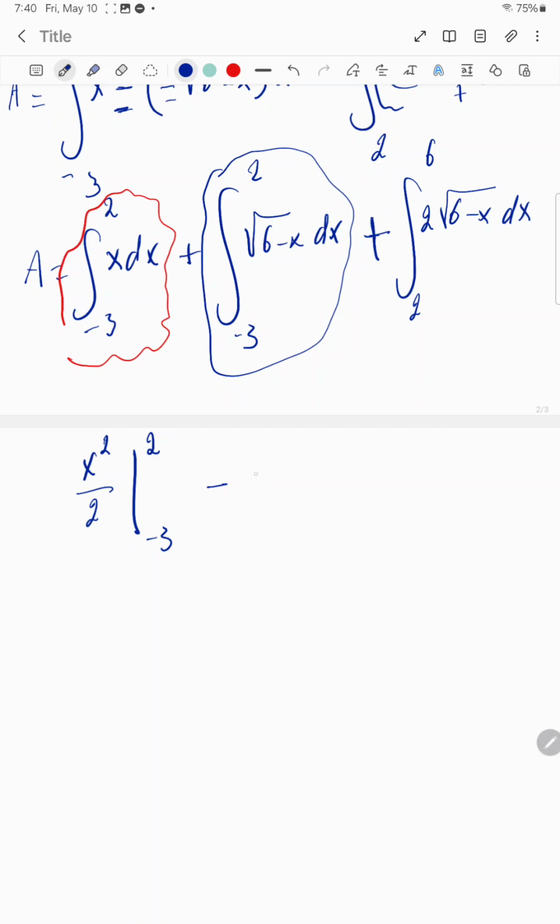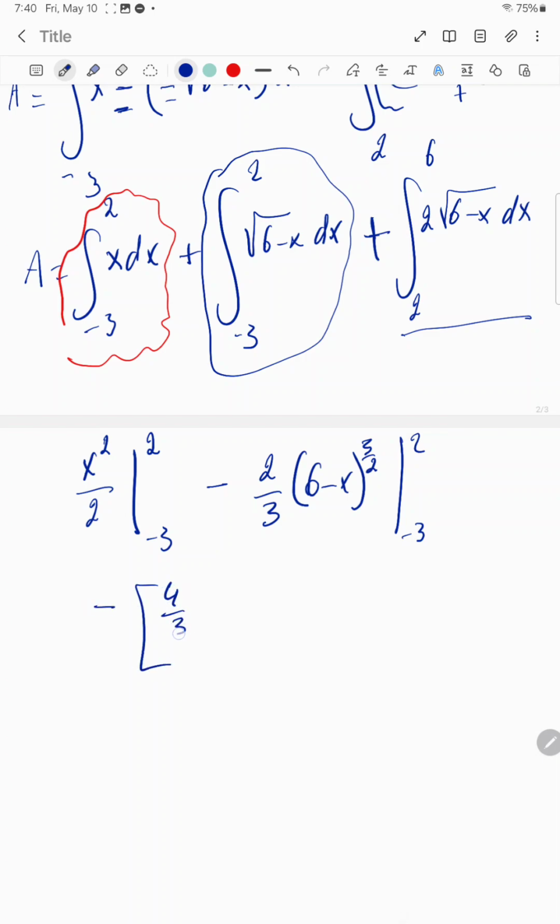It becomes minus 2/3 times 6 minus x to the power of 3/2 between minus 3 and 2, and the last part here becomes minus 4/3 times 6 minus x to the power 3/2 between 2 and 6.